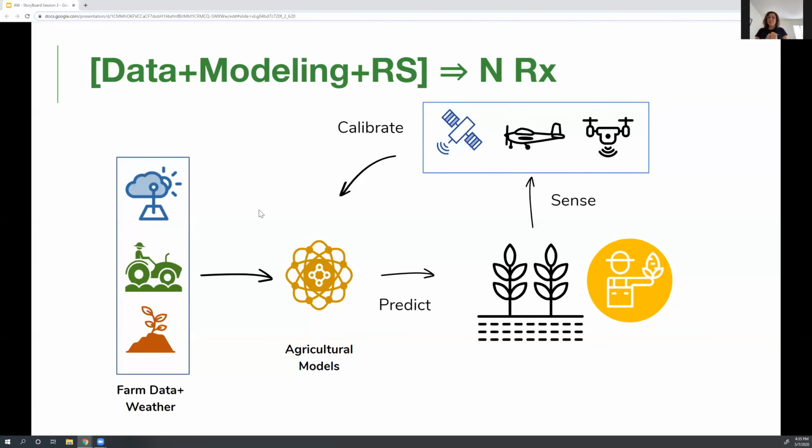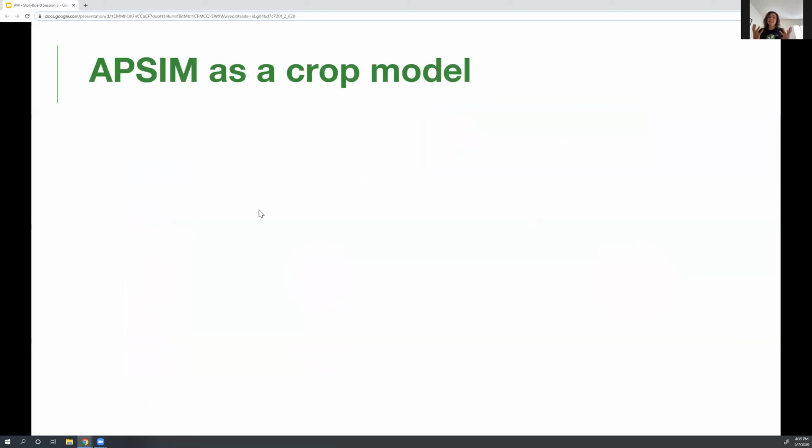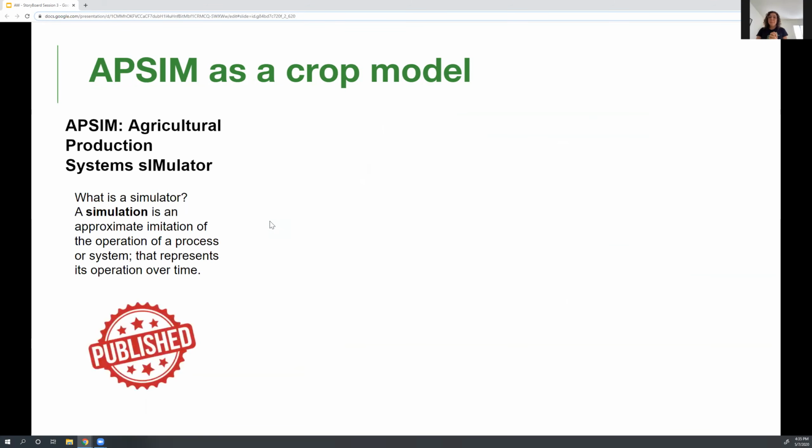Manal, next slide, please. So let's talk about what is this Agricultural Production System Simulator, APSIM for short. Many of you on the call who have opted in to be our customers have used it in your universities, in your previous jobs, when you were designing soil maps, when you were designing response to crops, and when you were developing your hybrids.